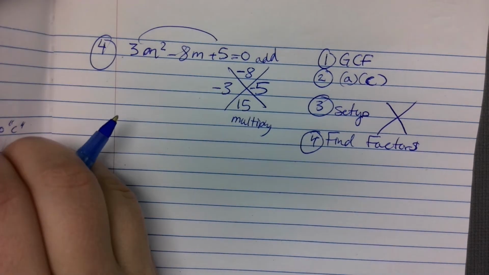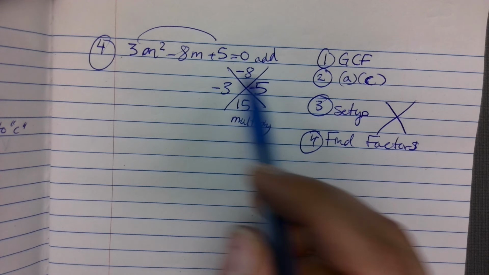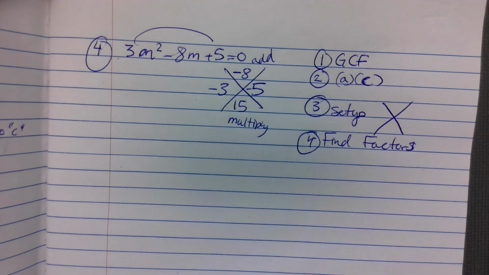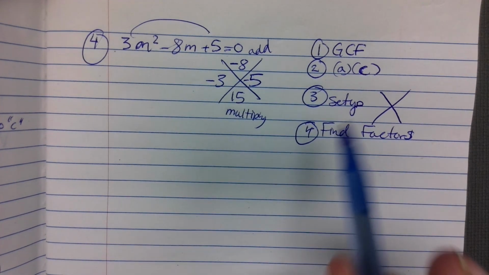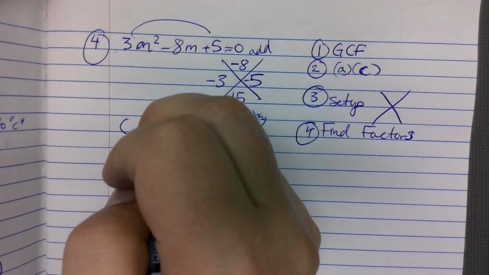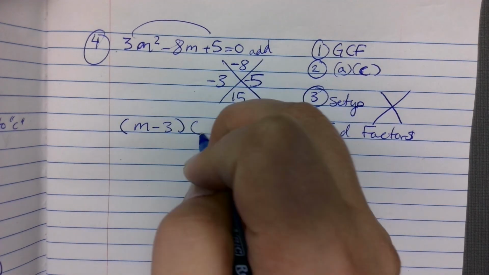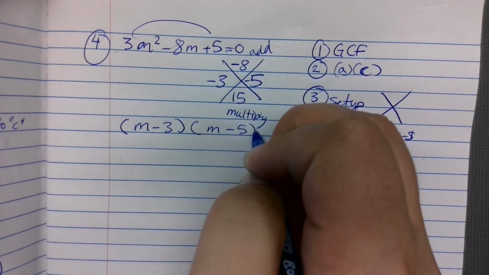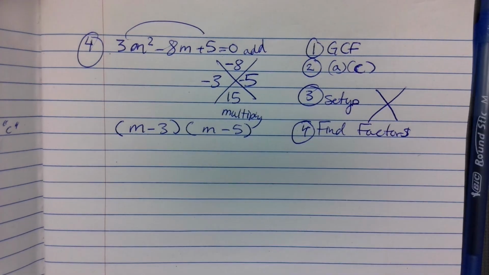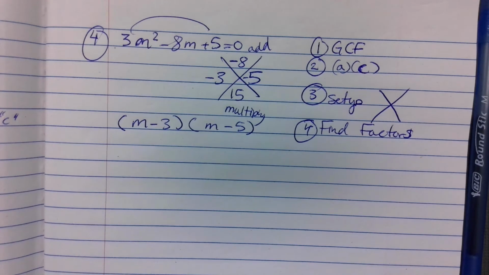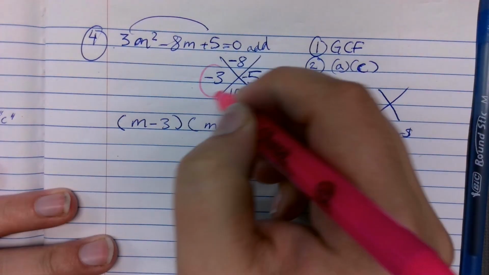Now, on the other one, we didn't have to do the next step. We're going to set this up. M take away 3, M take away 5. Whatever's here just comes down to there.